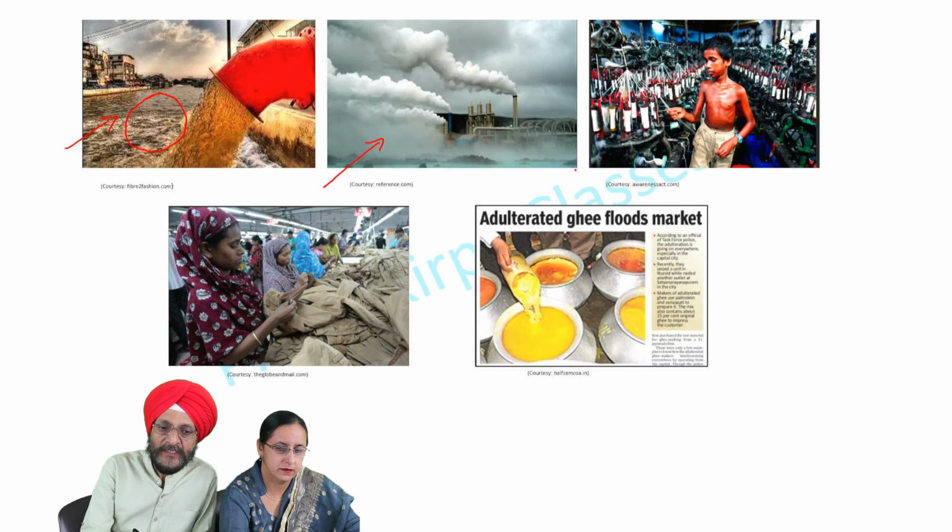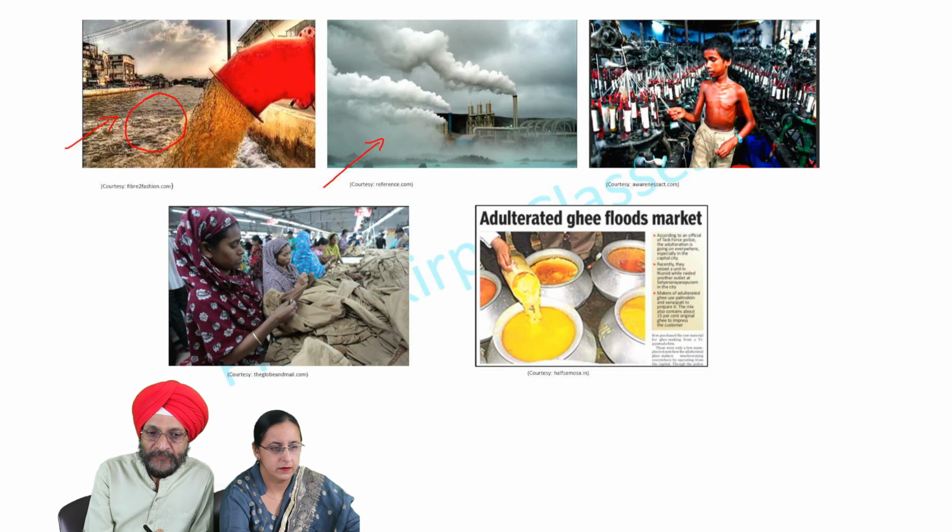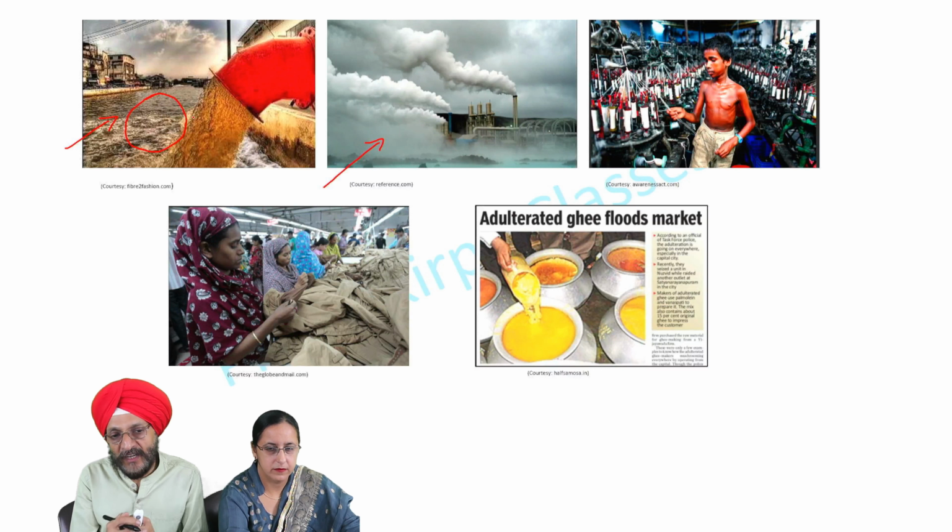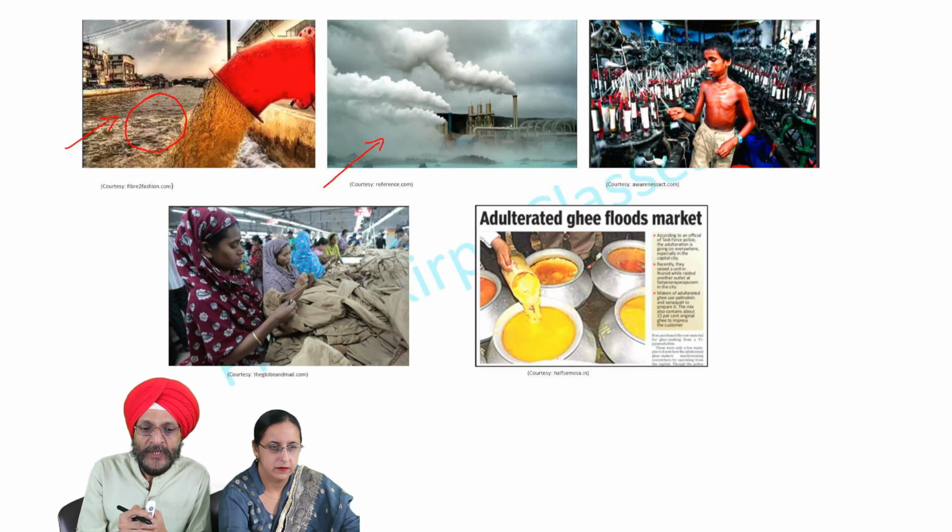Do you think that this type of pollution, whether it is air pollution or water pollution, is beneficial for mankind? No. It is causing a lot of harm not only to human beings, but it is also harmful for the animals and plants as well as the aquatic animals which are living in the sea or waters.